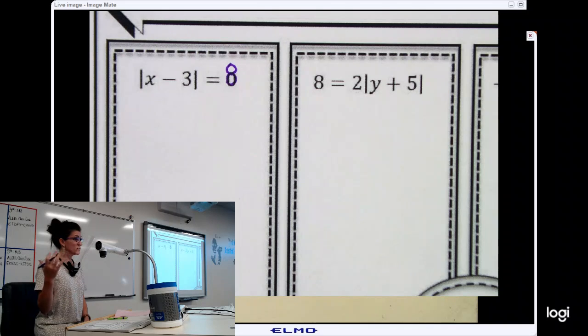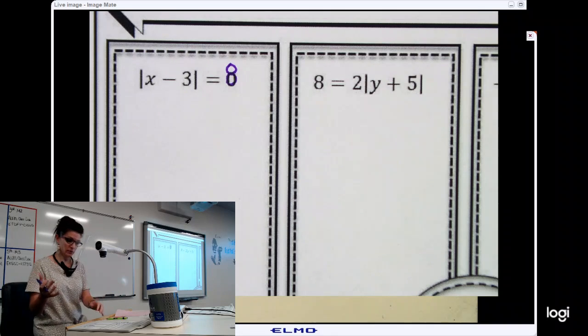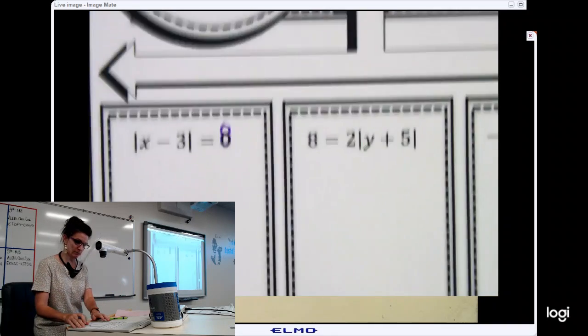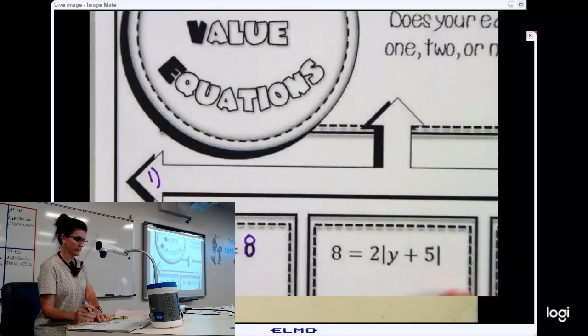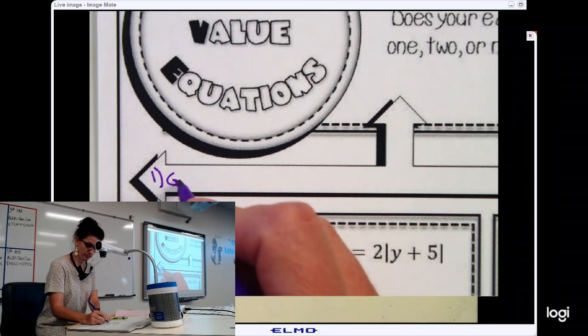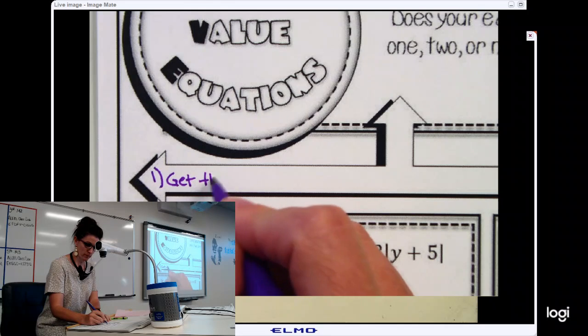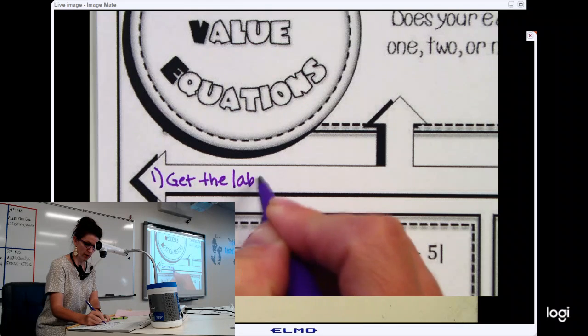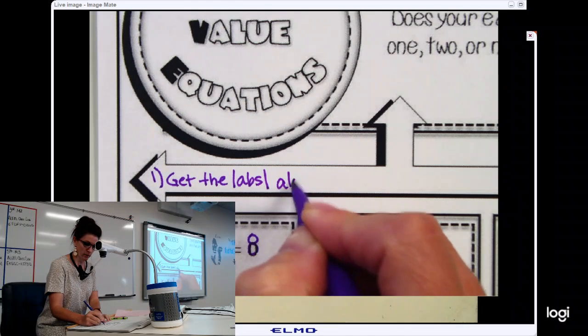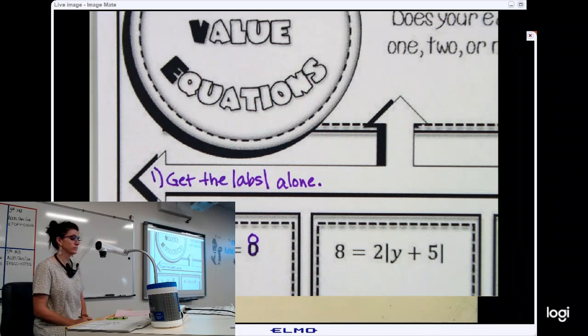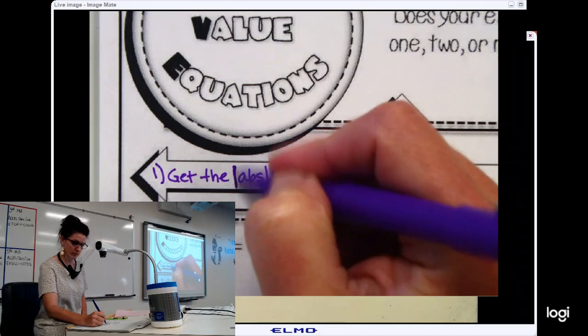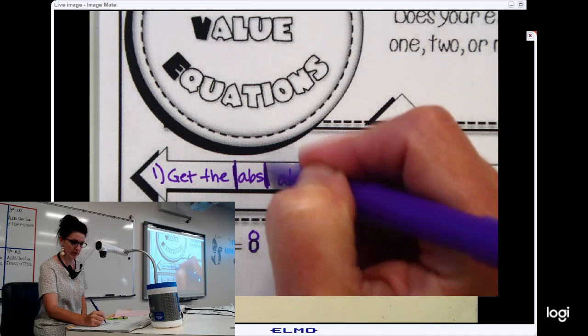We know one answer is going to be a positive value, and we know one answer is going to be a negative value. And so this is how we do it. First, get the absolute value bracket alone. Make that bigger so it doesn't look like an L.